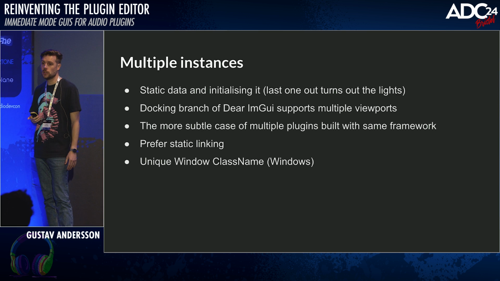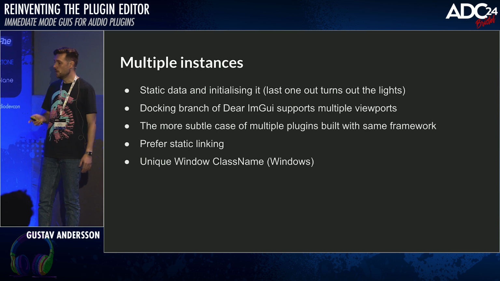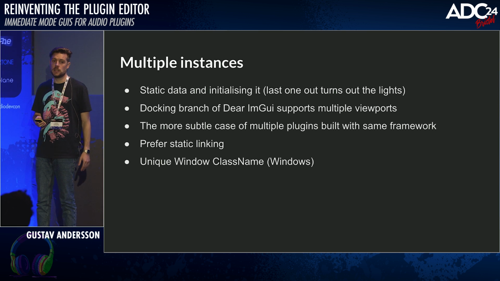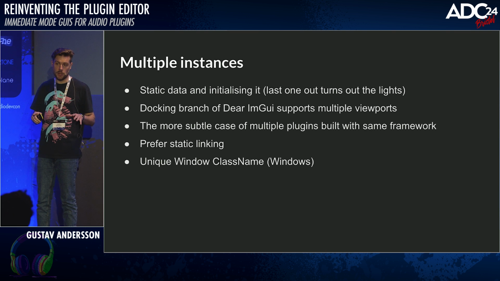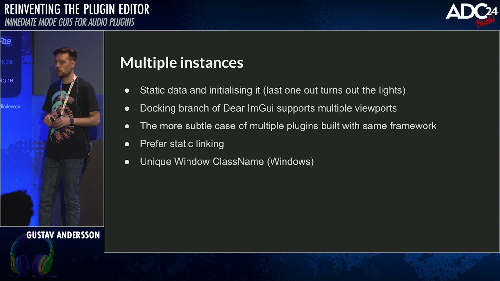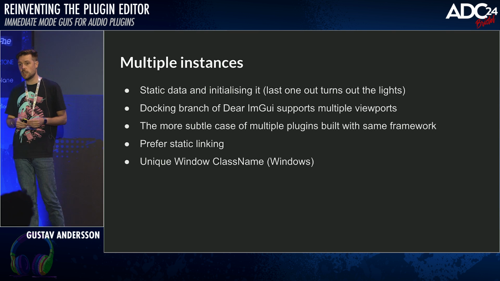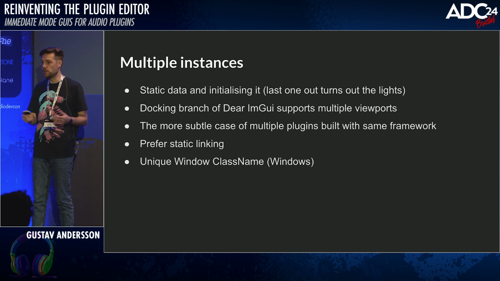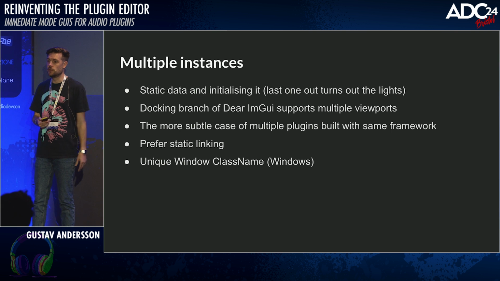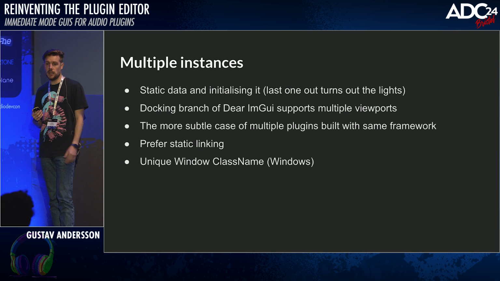There is a more subtle case that you should be aware of with multiple instances, which is not multiple instances of the same plugin. Say your plugin was really successful, and then next year you want to make another plugin using the same framework that you've now built. Then you can run into some issues. One of them has to do with dynamic linking.